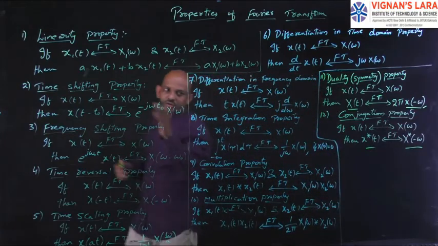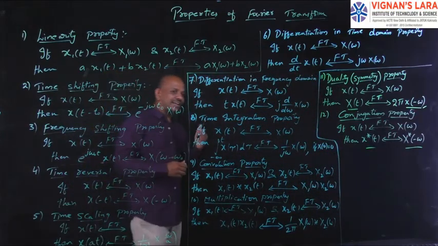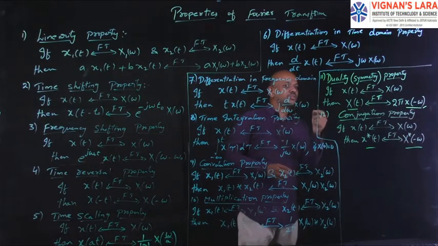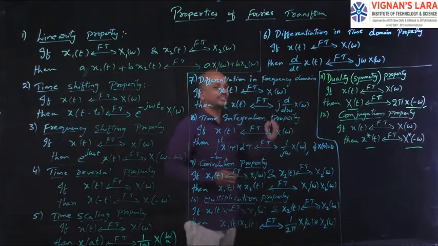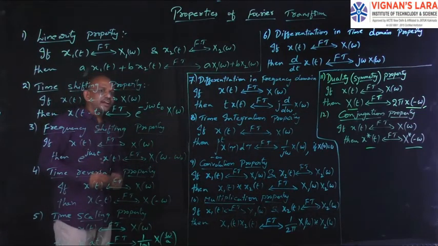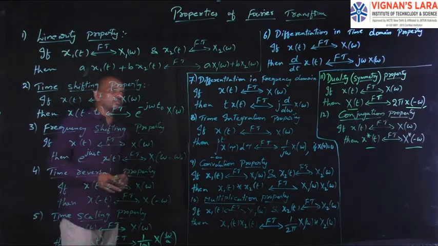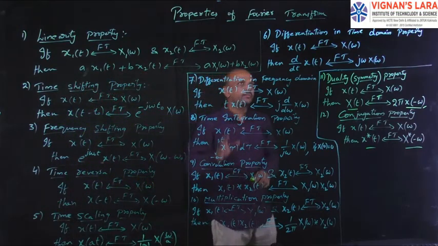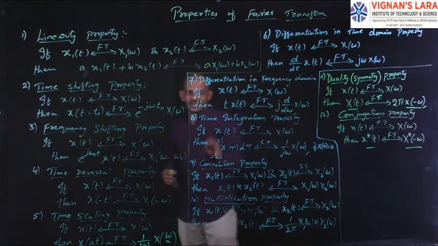While reading, I will read directly as x of t and X of omega. With respect to t it is small x, and with respect to omega it is capital X. Clear? This is the explanation of all the 12 properties of the Fourier transform.